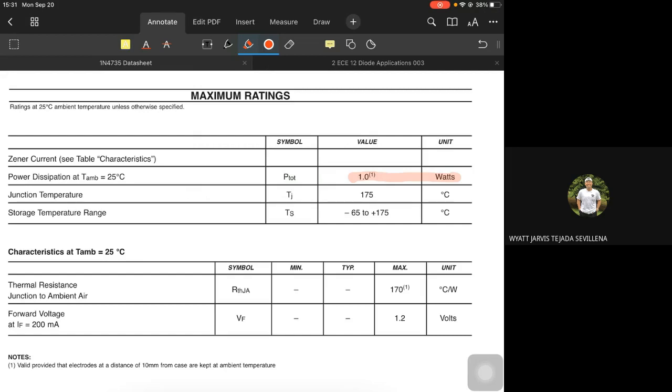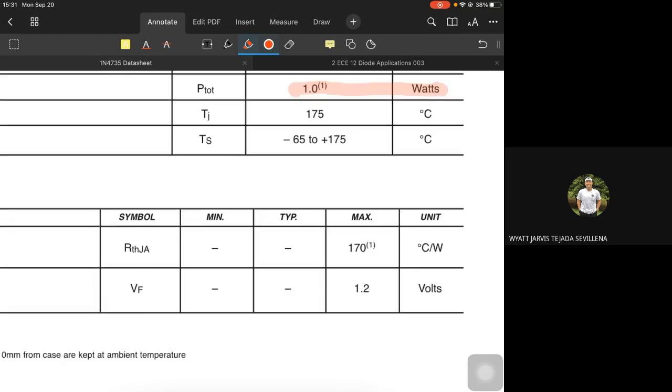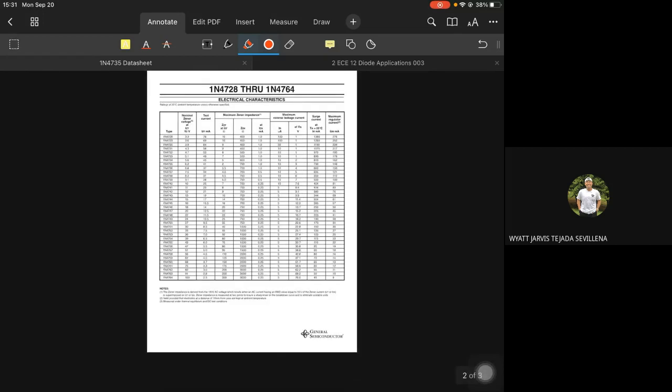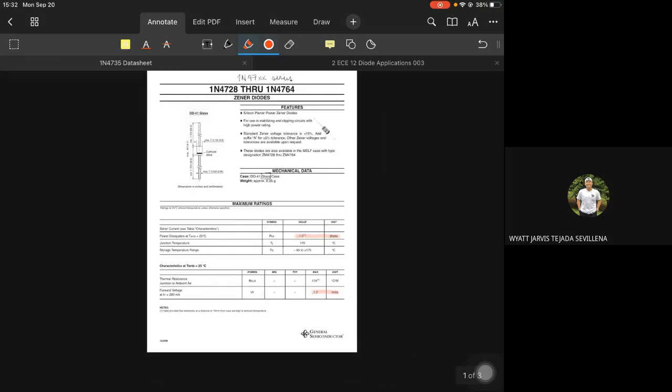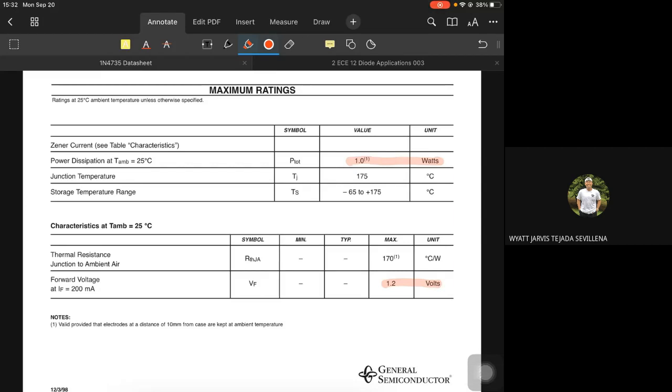And its forward voltage is 1.2 volts. It's not 0.7 in this case, but 1.2. So not 0.7, but 1.2 as given. Anyway, it's always given.